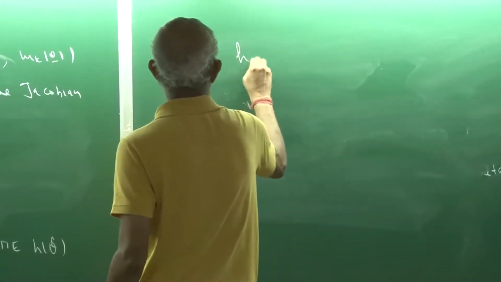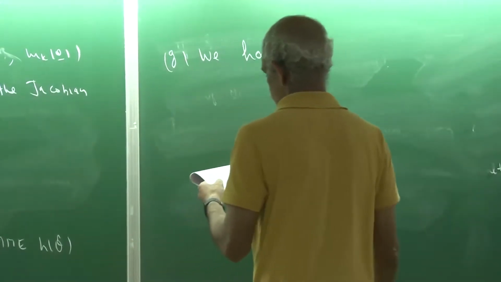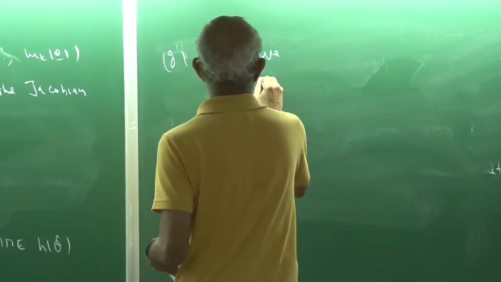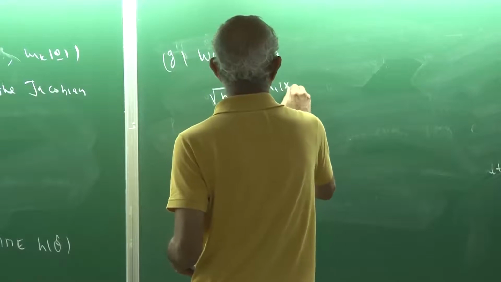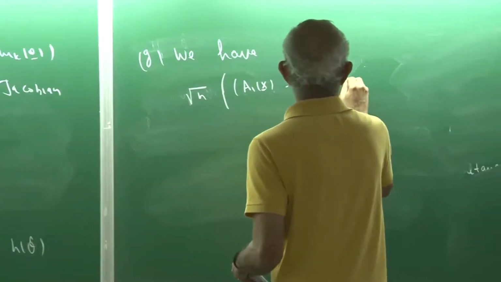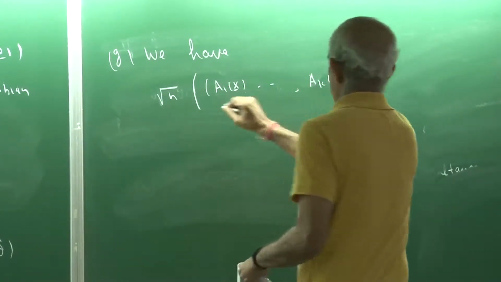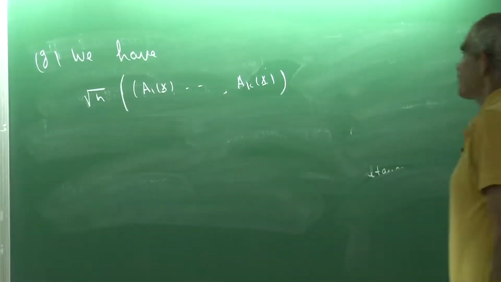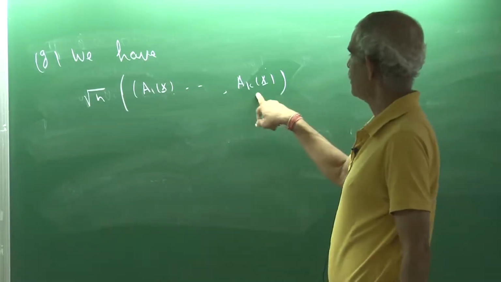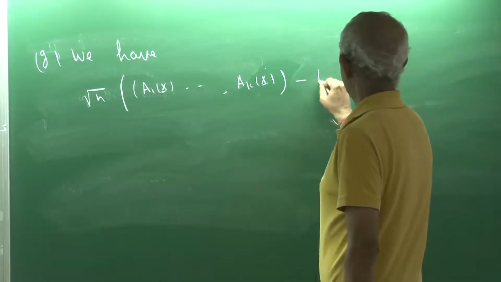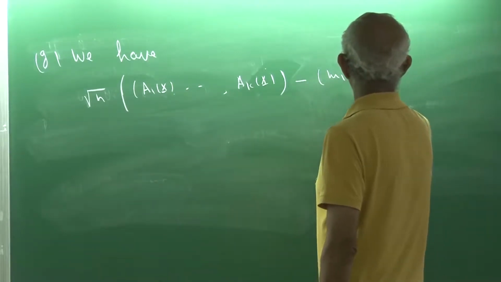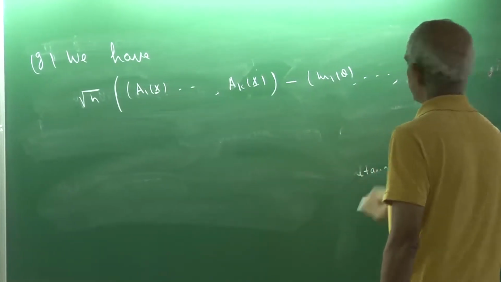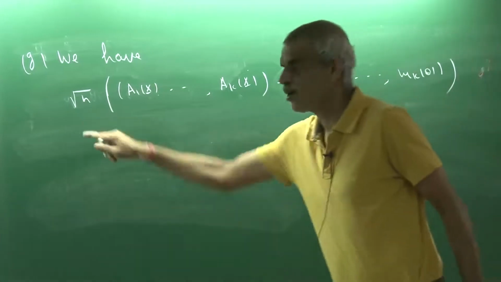We have root n times A1x, A2x, ..., Akx, which are sample means. So it is a vector of sample means. These are sample means of xi's, up to sample mean of xi to the power k, minus the corresponding means mk theta. Root n is the normalizing factor.